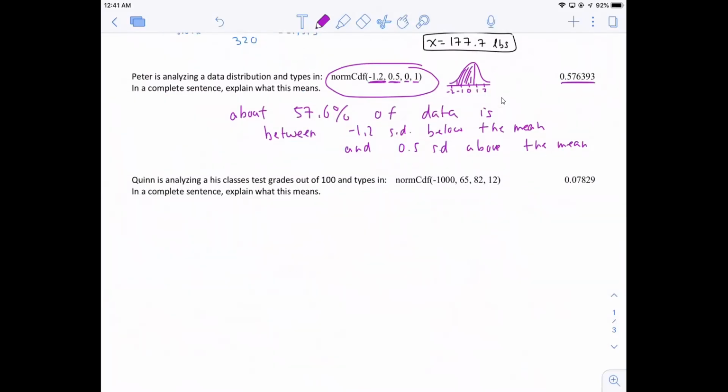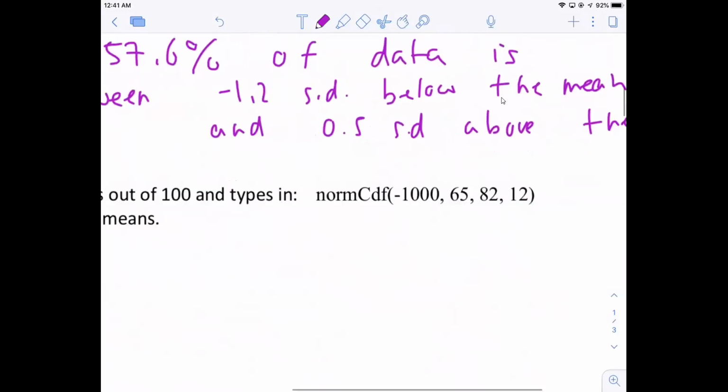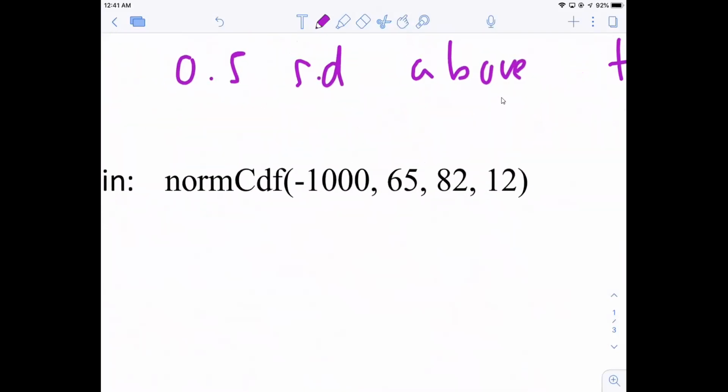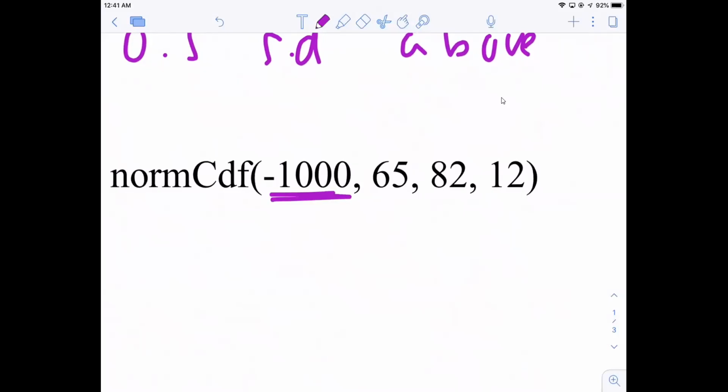Quinn is analyzing his class's test grades out of 100 and types in this. In a complete sentence, explain what this means. So his normal CDF is going from a lower bound of -1,000 to an upper bound of 65.